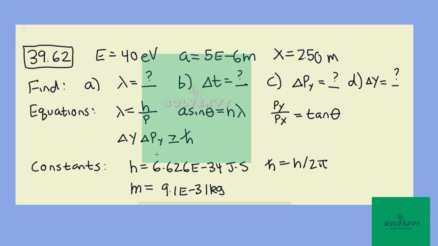And finally, we can use the Heisenberg uncertainty principle, which relates the product of uncertainties in y and p to a constant, reduced h, also known as h bar. Here are the constants we'll need: the mass of the electron, h and h bar. So let's jump into it.